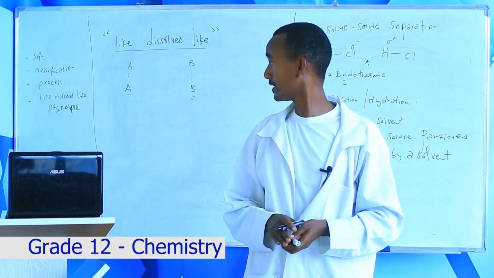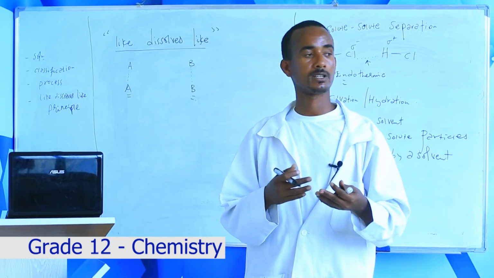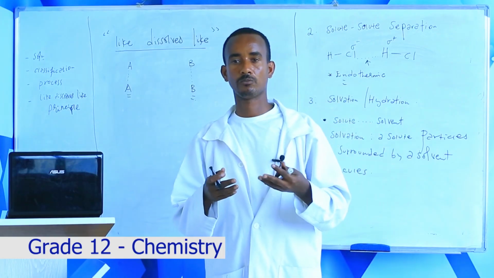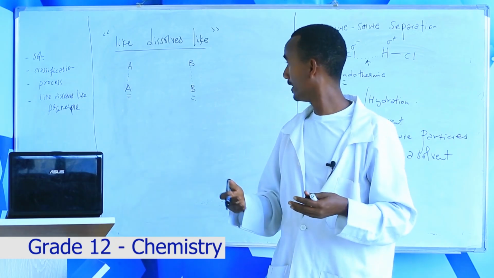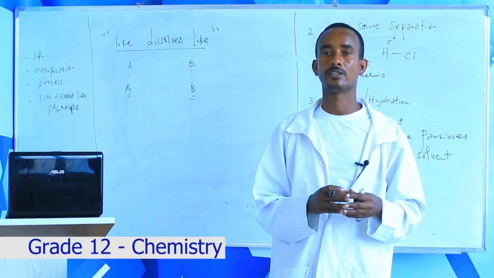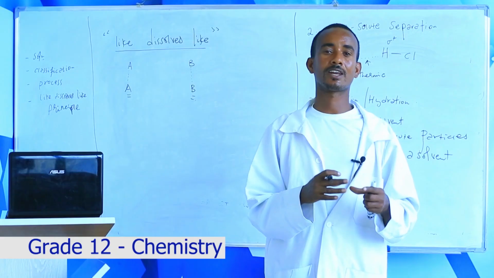Okay? When you say type, you know that the intermolecular forces may be dipole-dipole or hydrogen bond or London dispersion forces. And when you say magnitude, it refers specifically to its strength.